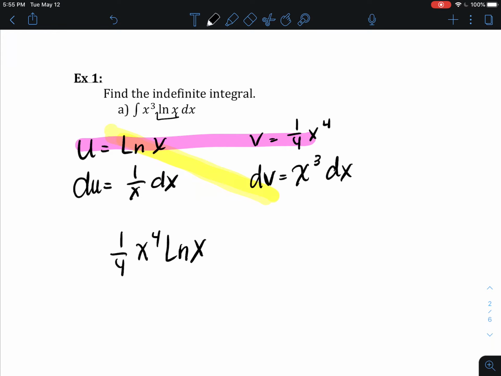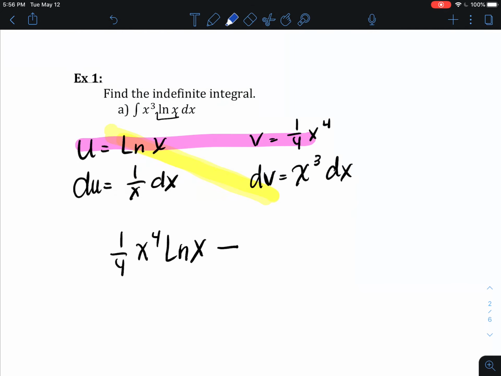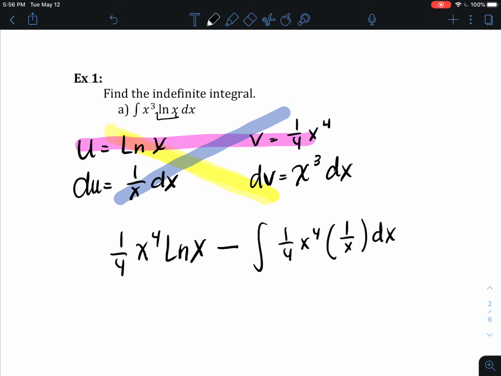Then we're going to do minus the multiplication of this second diagonal. I'm just going to write everything as multiplication, so it's v times du: 1/4 x to the 4th times 1 over x dx.